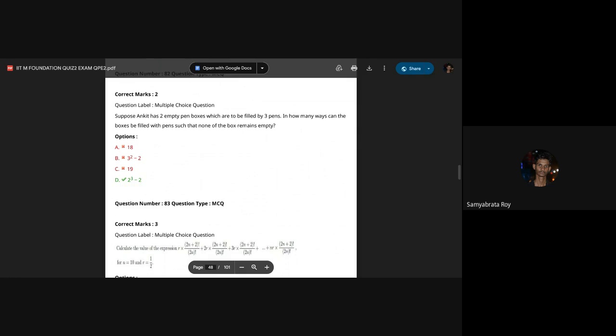Okay. Suppose Ankit has 2 empty pen boxes, which are to be filled by 3 pens.